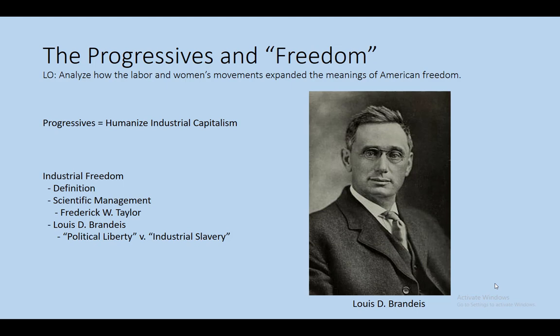So there was one fastest, best way to produce shoes. And you must produce them this way, and we're also going to time it, right? Once you get this down, this should take exactly this many seconds. And they started implementing this stuff and making their workers do it.